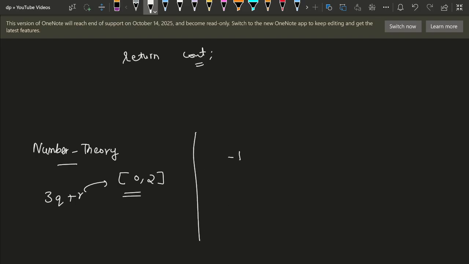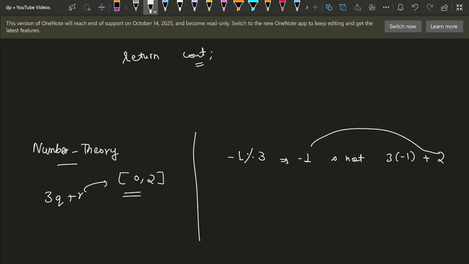But we have seen that if we do -1 modulo 3, it's going to give us -1. So 3 into -1 is -3, plus 2.